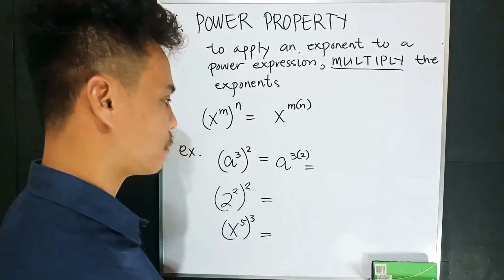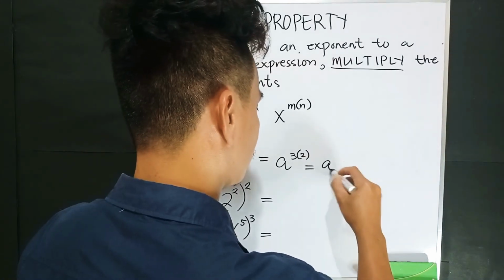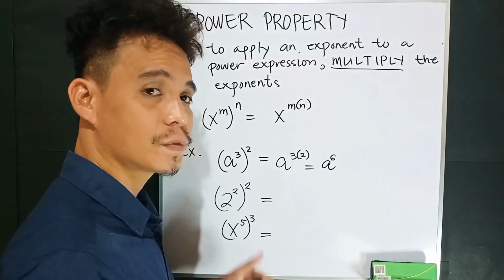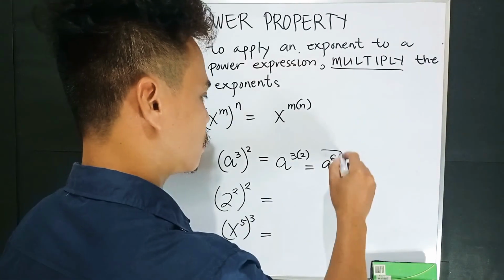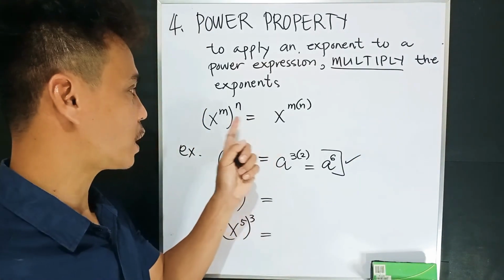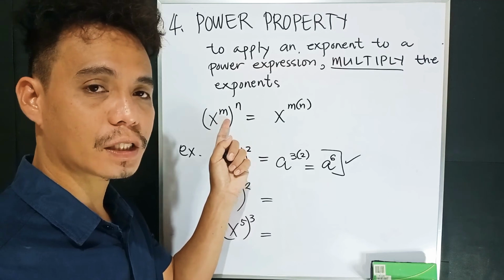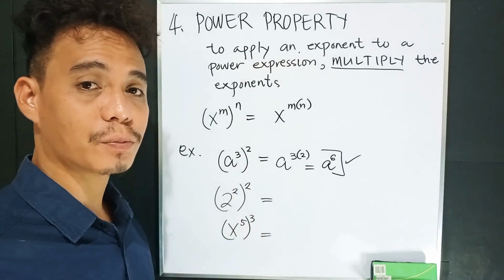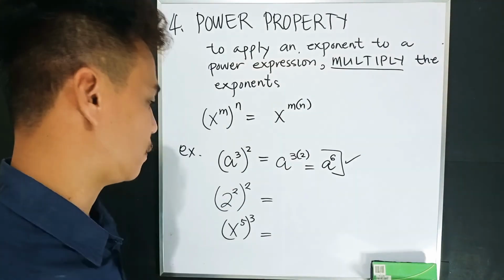Ita-times natin. So therefore our answer here is a raised to 3 times 2, 6. Okay? So this is our answer. Madali lang siya guys, no? Kapag yung exponent ni-raise mo pa sa another exponent or power, just simply multiply your exponent.